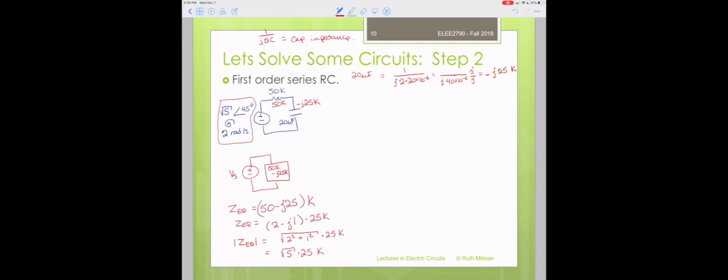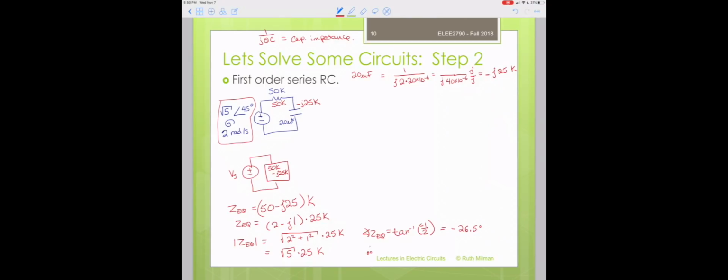Now the next thing we need to do is look at the angle. If we consider the angle of the impedance, we know that we have the tan inverse of the imaginary part over the real part. The tan inverse of 1/2 is equal to, and one more piece, this was negative. So the tan inverse of -1/2 is equal to minus 26.5 degrees.